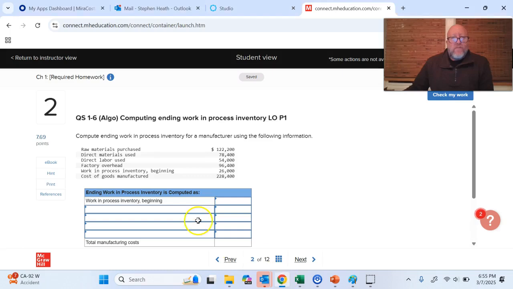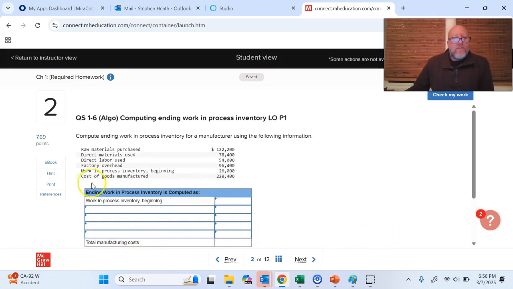So now I think we can go back to the question. I may not do it for us, but again, it's beginning work in process. And then we would add the things that we would add to work in process: direct material used, direct labor, factory overhead. Work in process inventory, beginning, right? And then cost of goods manufactured, that would be the subtraction.